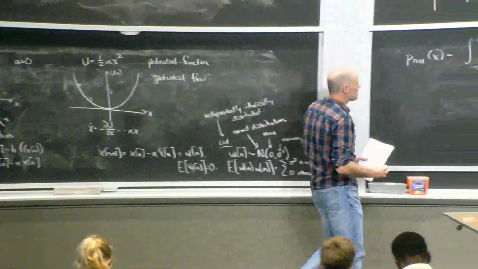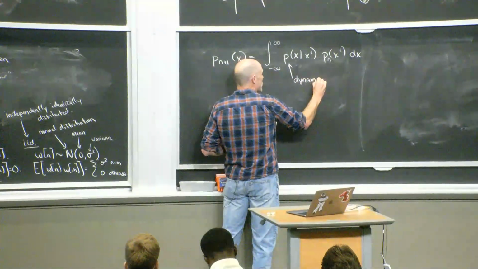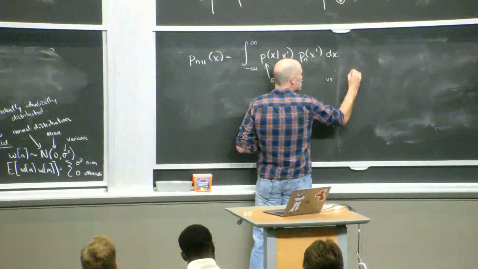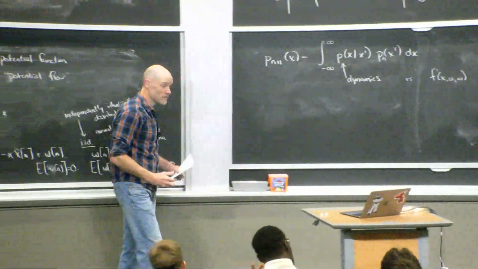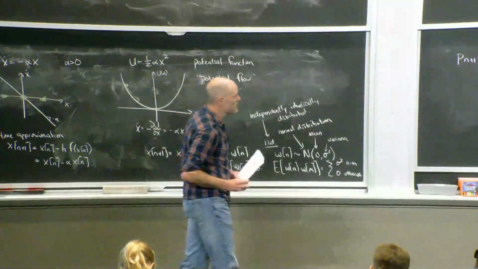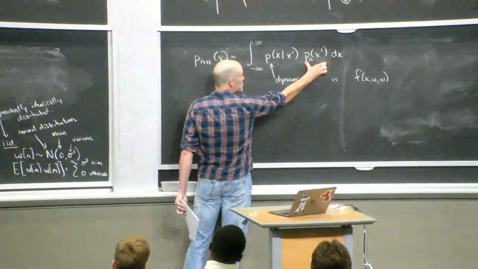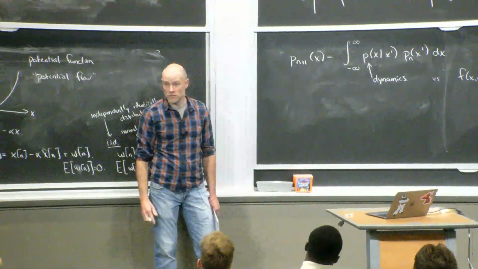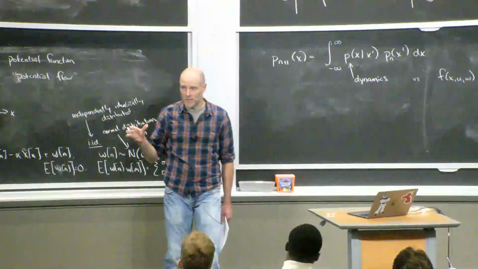I've got some dynamics here, which I'll show you how to go from this form versus the f of x, u, and w. It's just another way to write that. I can write the probability distribution of next x's conditioned on a particular x, okay? And this is now a map that goes from, if I know the probability distribution at n, I can map it to the probability distribution at x at n plus 1. I've got a function here that maps to a new function here. And I want to think about the dynamics of that function.